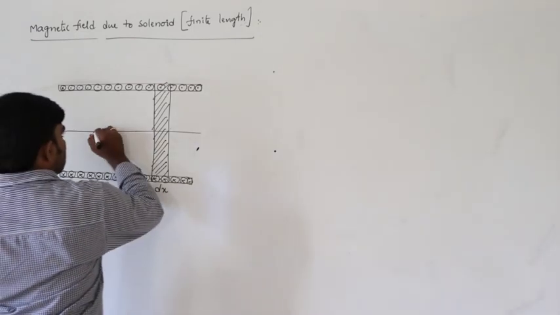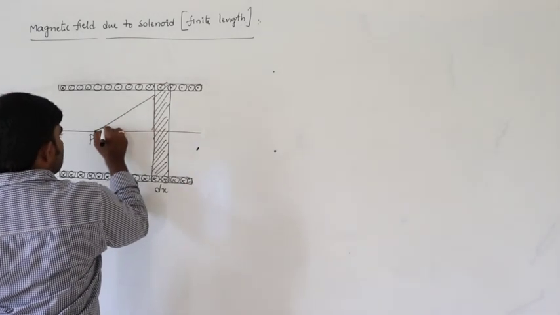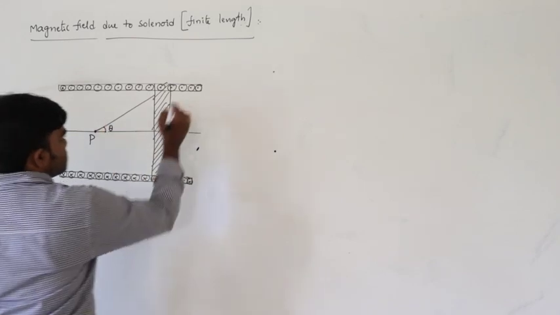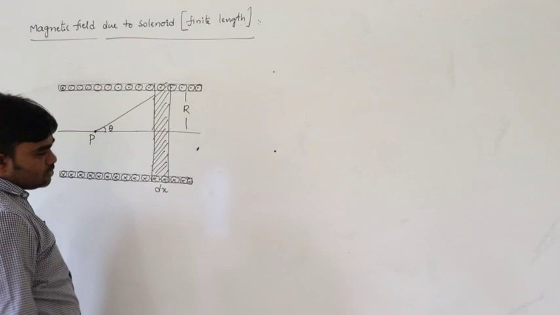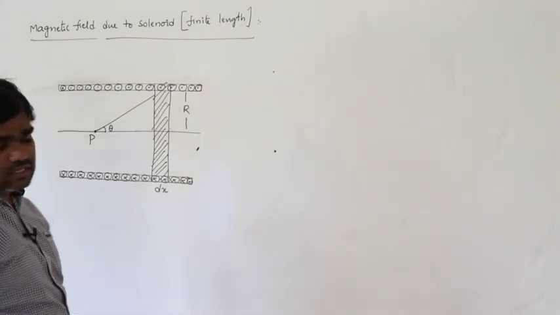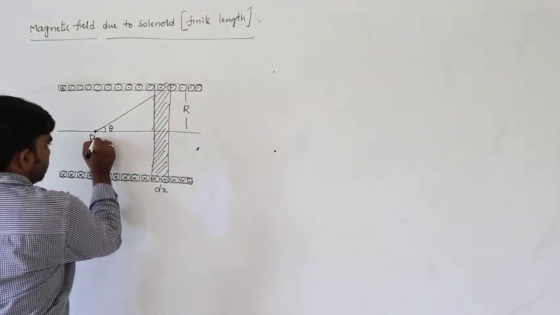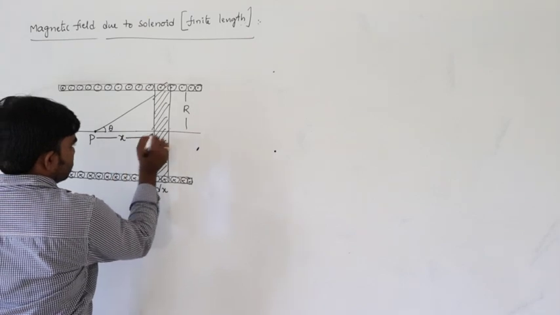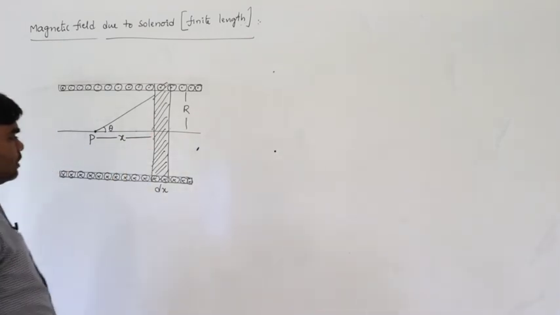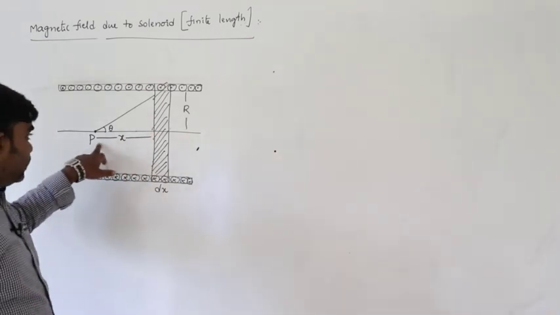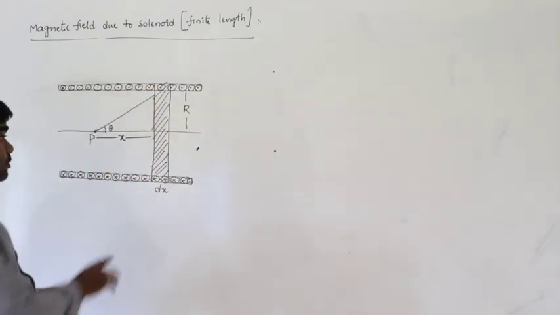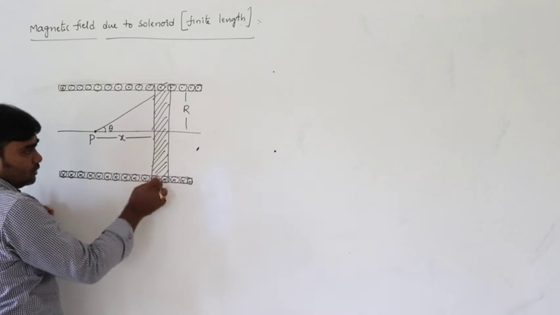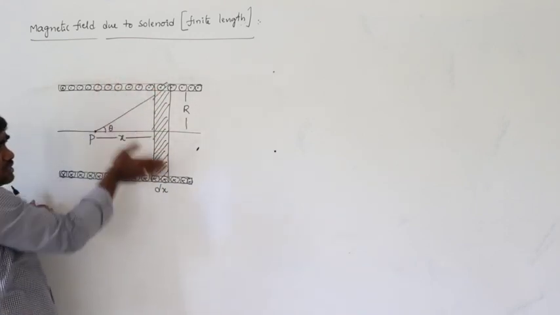Here it subtends an angle theta. Let us say r is the radius of the solenoid, and the point P is at a distance x from this circular cross section, the small thickness dx. This is the total length, but in this small thickness there are circular turns.